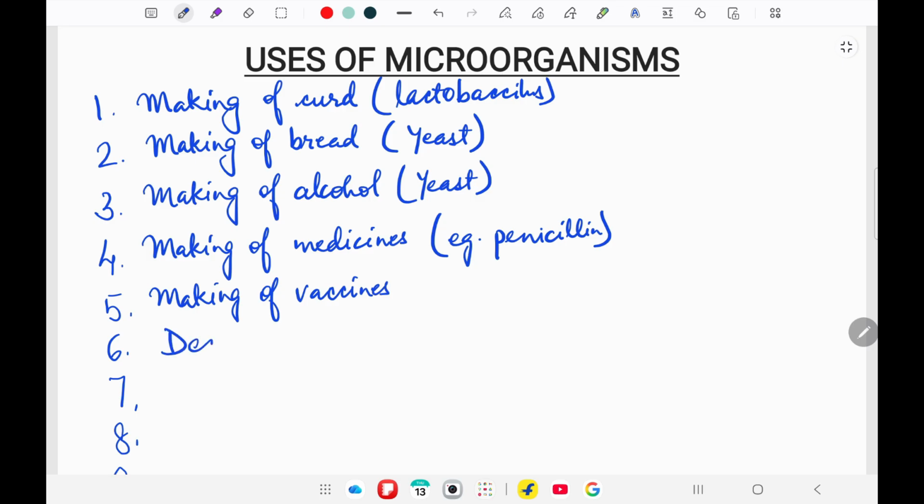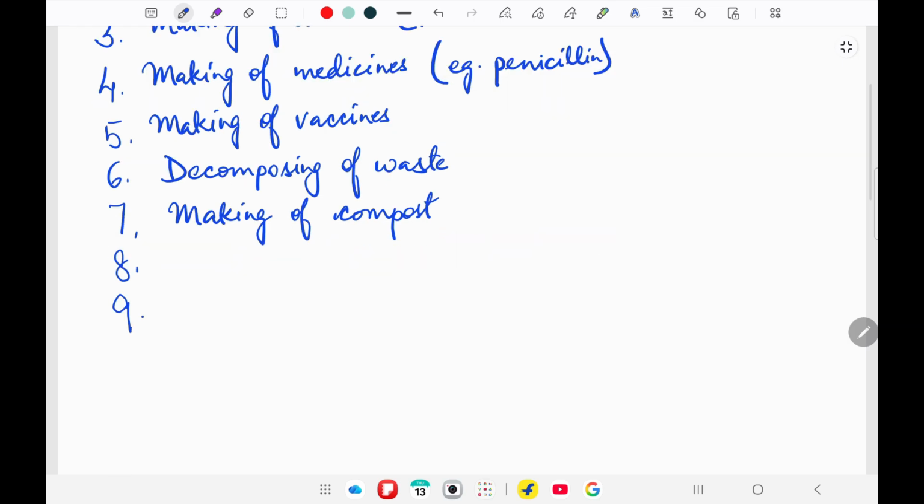Then is decomposing of waste. Next is making of compost. Next is improving the soil fertility.